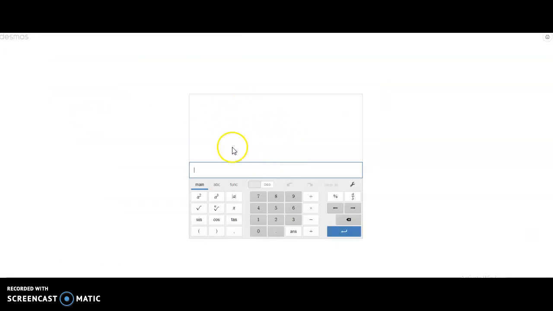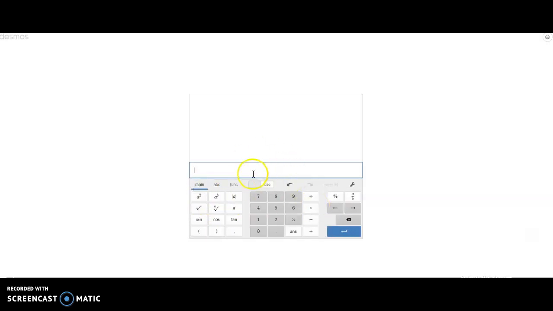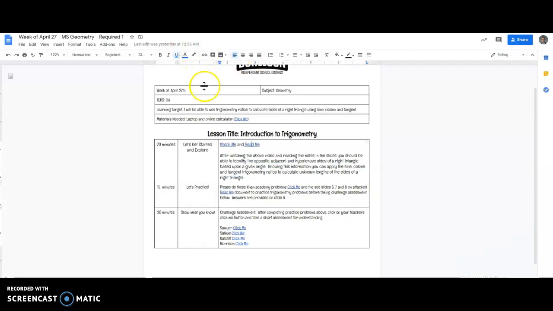This will give you trigonometry here. Make sure it's in degree mode there. And then there's your inverse, sine, cosine, tangents there. So I prefer this over that other one, but it doesn't matter either way. That's your introduction video and the little PowerPoint.